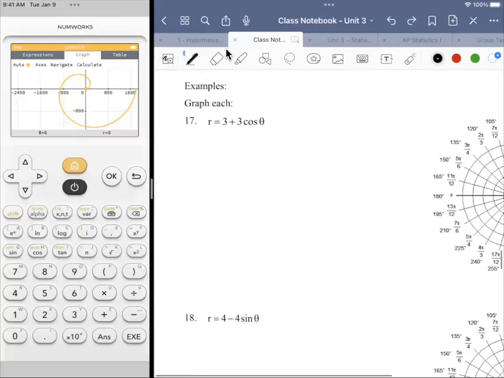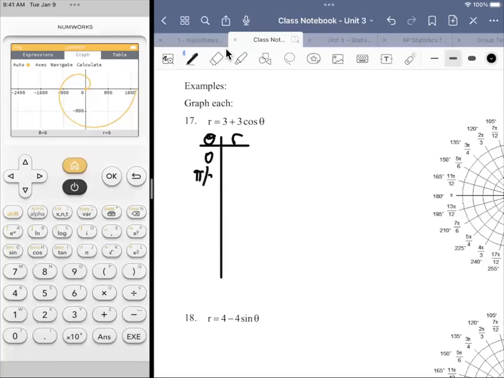So we could do it the same way we did the graphs last week. Make a table of nice values for cosine. So I have theta. That's going to give me an R. The nice values for cosine: 0, pi over 3, pi over 2, 2 pi over 3, pi.